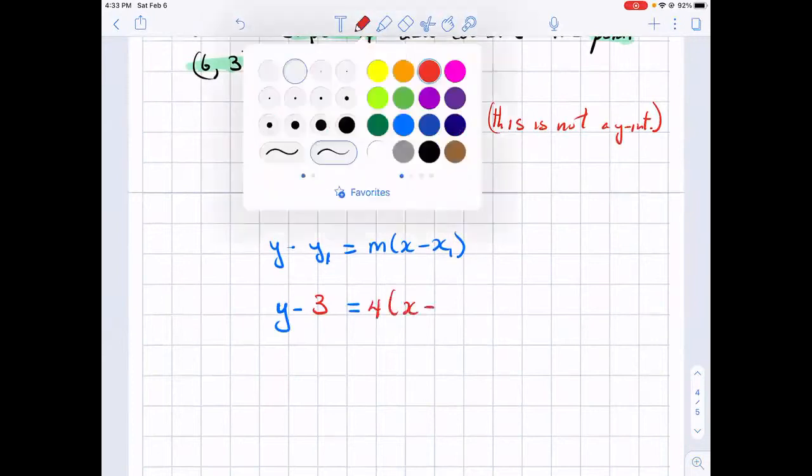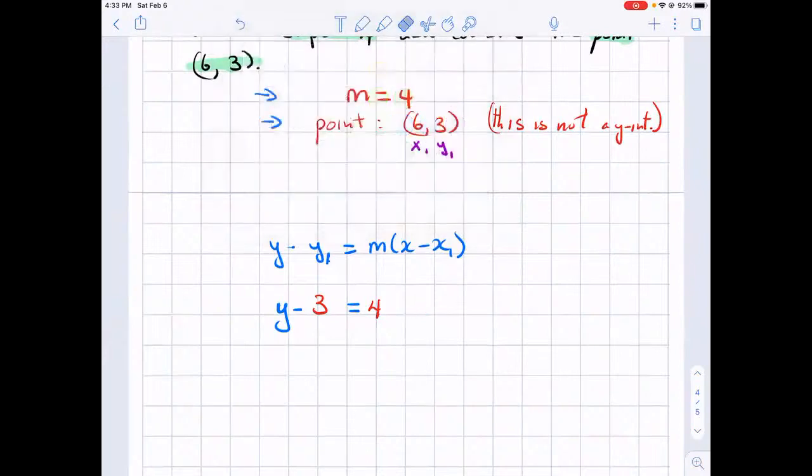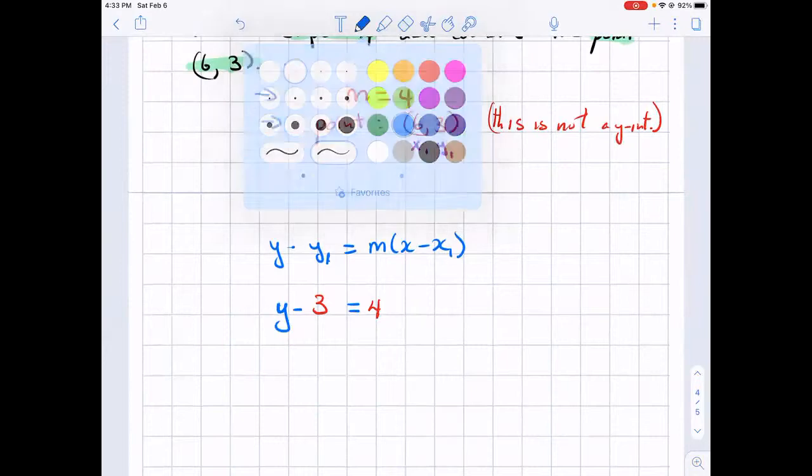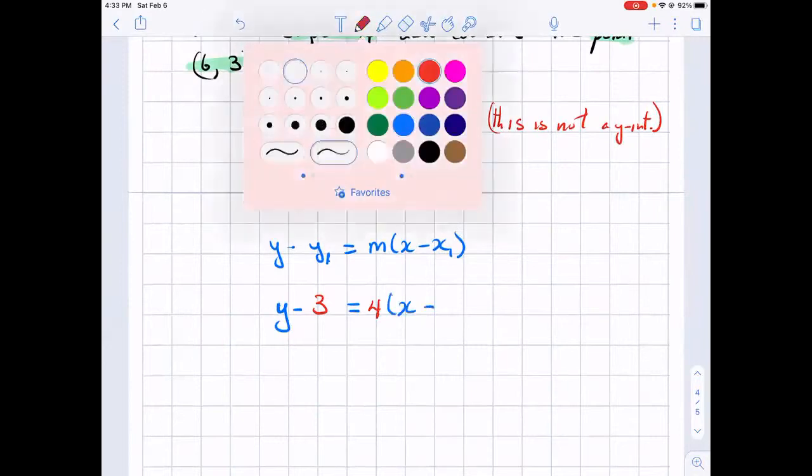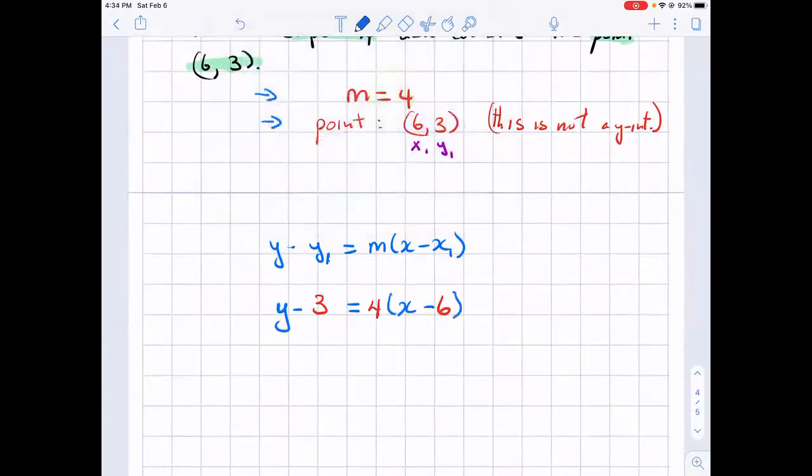And instead of x1, I'm going to write 6. So you will notice that whenever you use point slope, we do not replace the y and we do not replace the x. Okay.